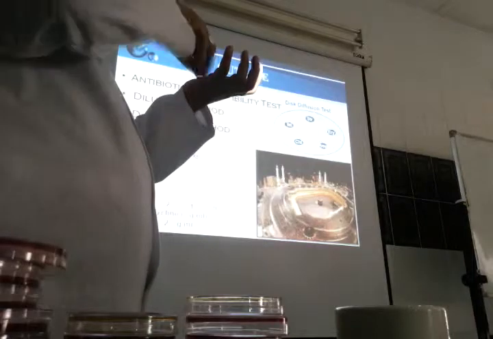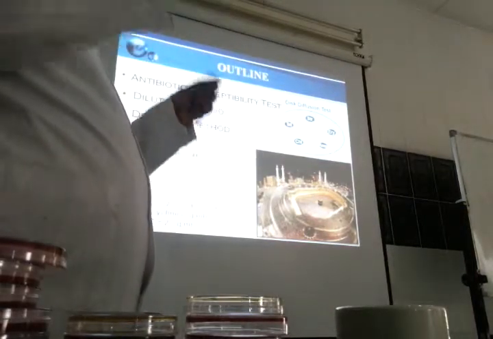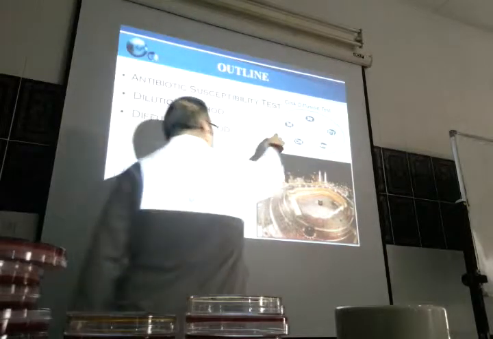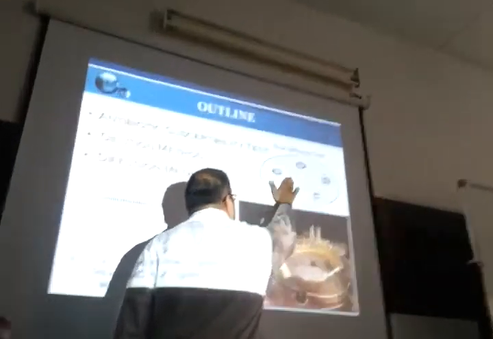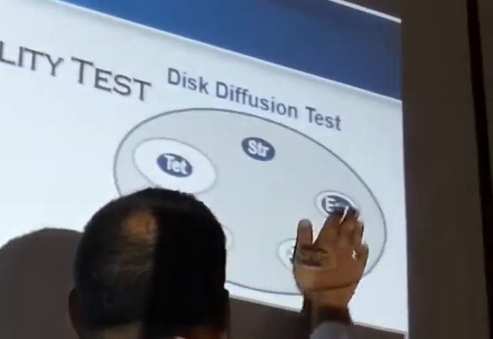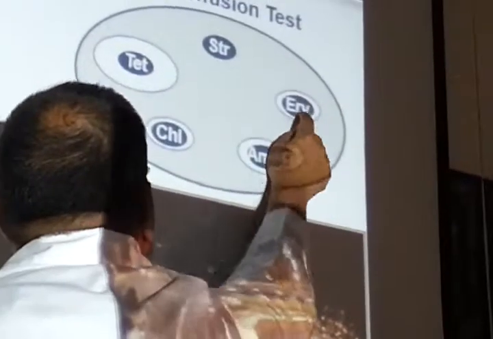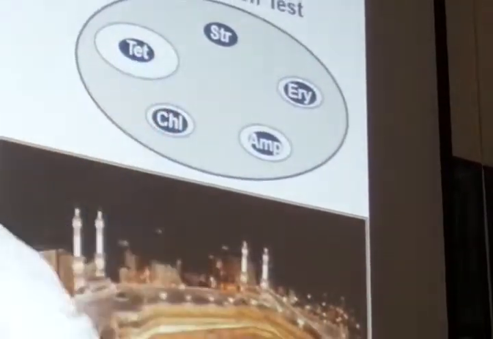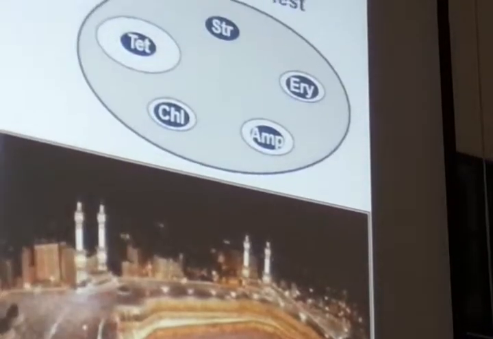Where the discs are working and the antibiotic is diffusing into the media and stopping the bacteria, you will have a zone around the disc that has no bacteria. You see this shaded area is bacteria everywhere. Around the disc you see small zones where there is no growth of bacteria. This zone is called zone of inhibition.